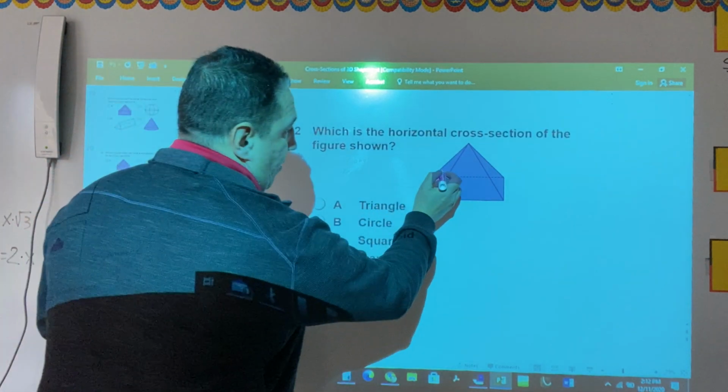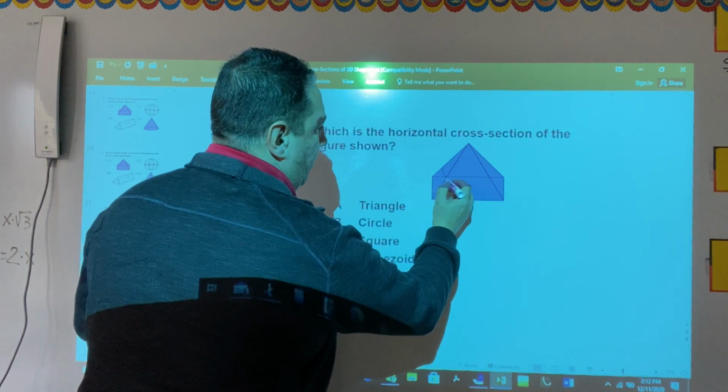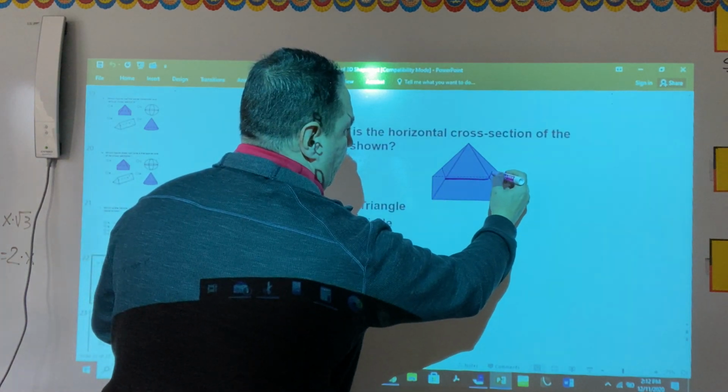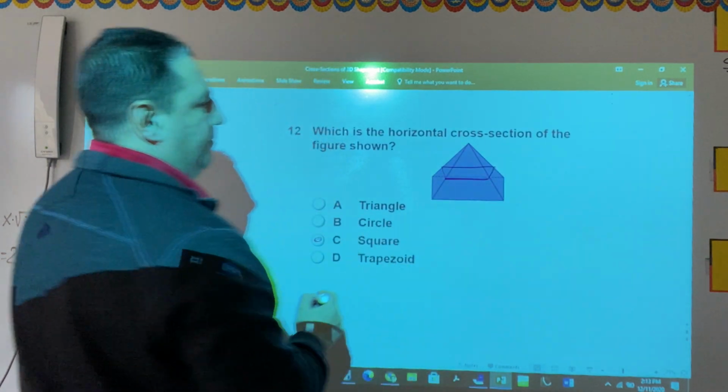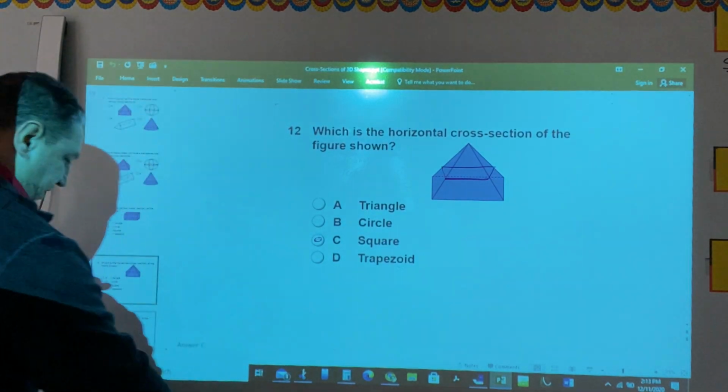Look here. It has the same shape as the base.